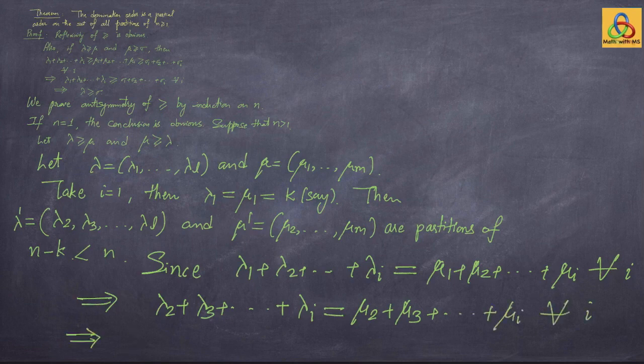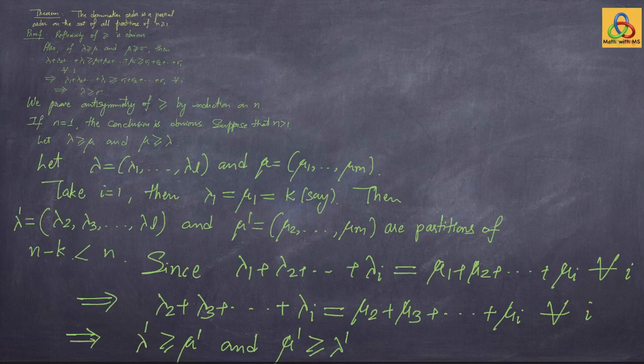What does this imply? This implies that for the new partitions lambda prime and mu prime, we have lambda prime is bigger than or equal to mu prime and mu prime is also bigger than or equal to lambda prime. But lambda prime and mu prime are partitions of n minus k, which is strictly less than n.